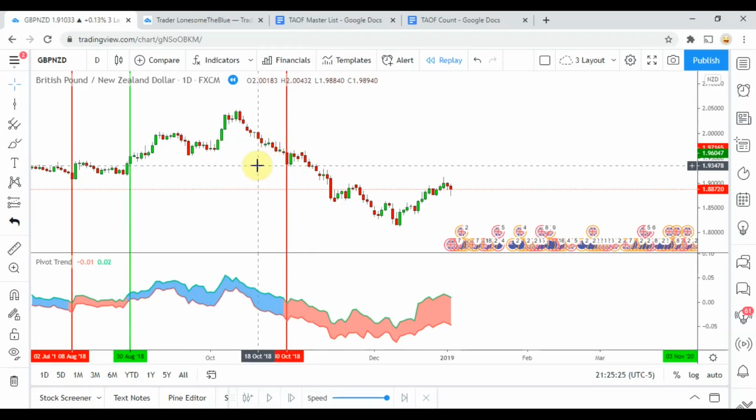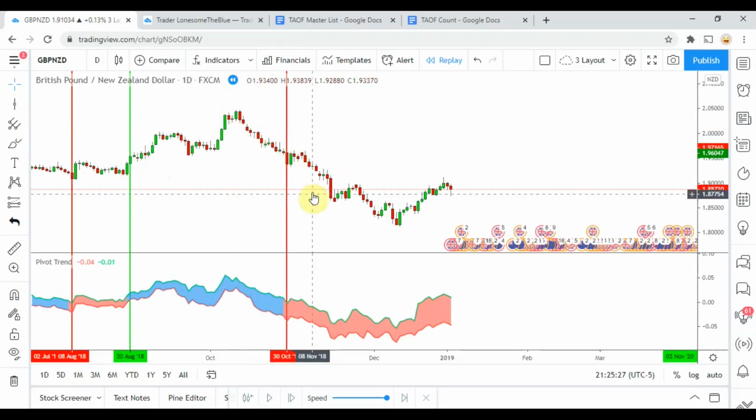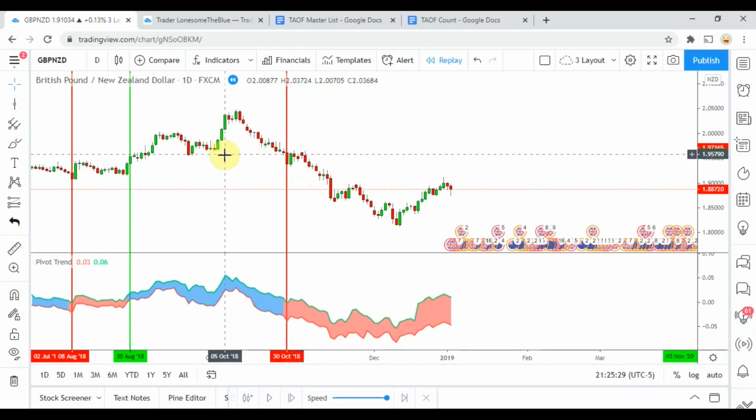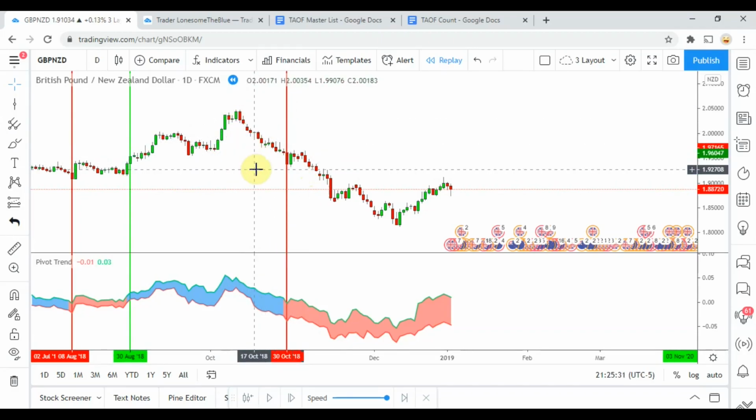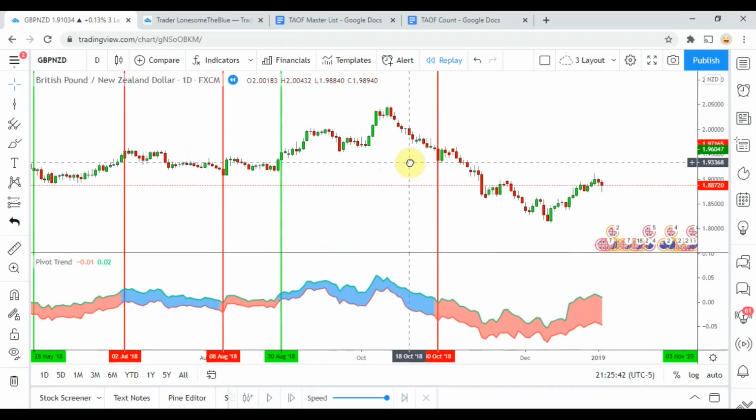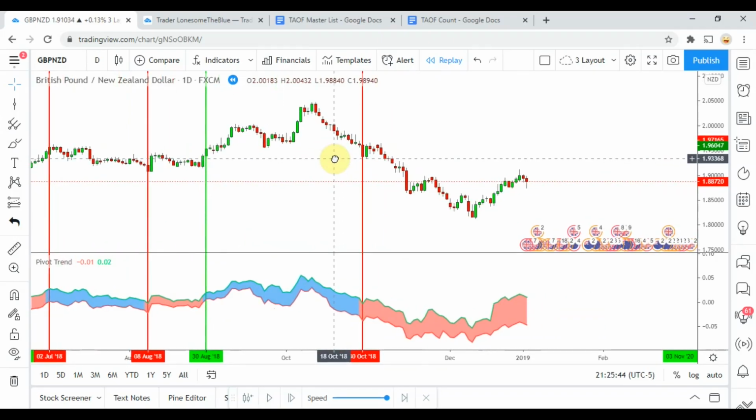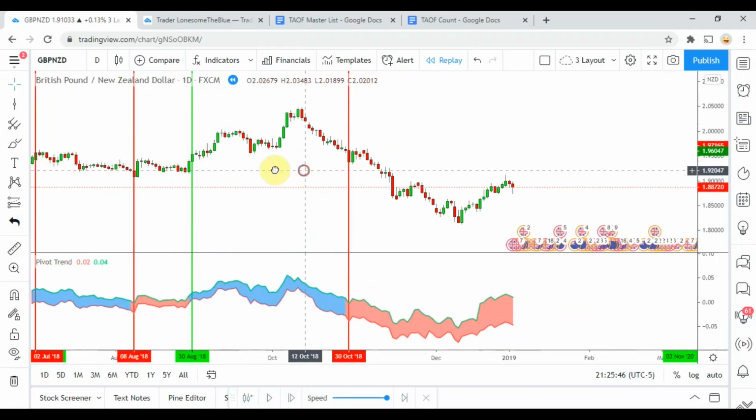Now, keep in mind that this is working off of pivot points, and so the way it's calculating the entries is a little bit different than, say, a moving average or an oscillator. And so not all of the signals were equally delayed.